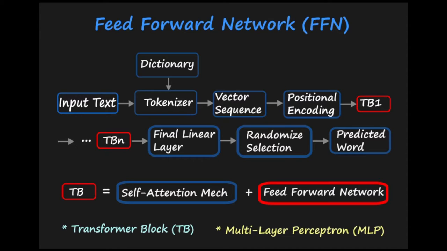Okay, the next component in the transformer block is the feed-forward network, also known as the multi-layer perceptron. Feed-forward networks are the heart of deep learning neural networks, not just large language models like decoder transformers.